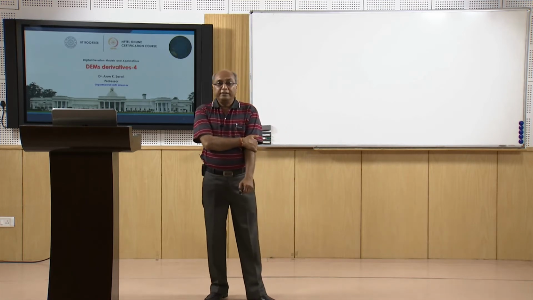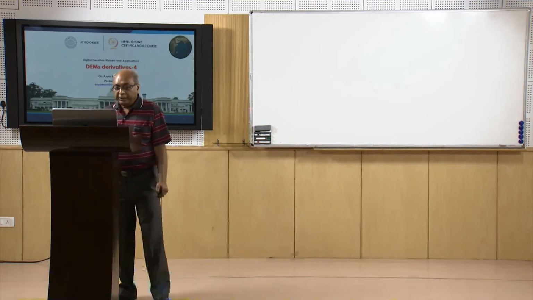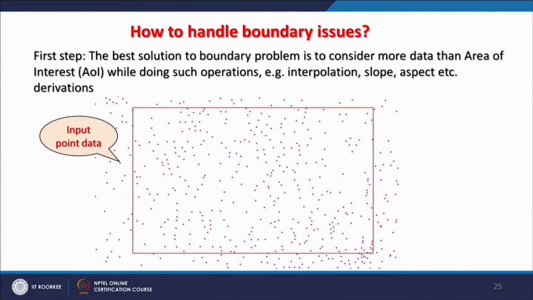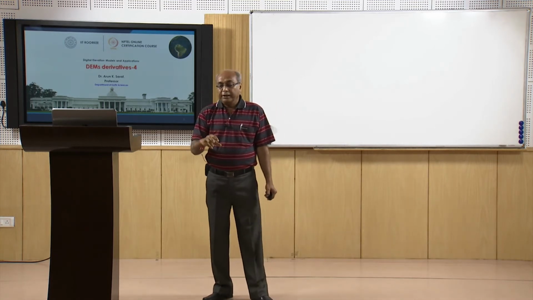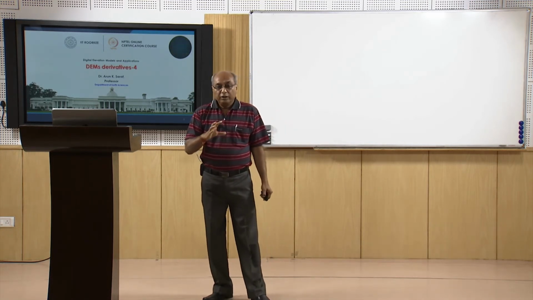So, how to handle this boundary issue? The best approach which I developed is that one should first have data extending beyond your area of interest. If that is available, then this boundary issue can be solved quite easily. Otherwise, even generating a digital elevation model using point data for exactly the same area will create problems at the boundary.